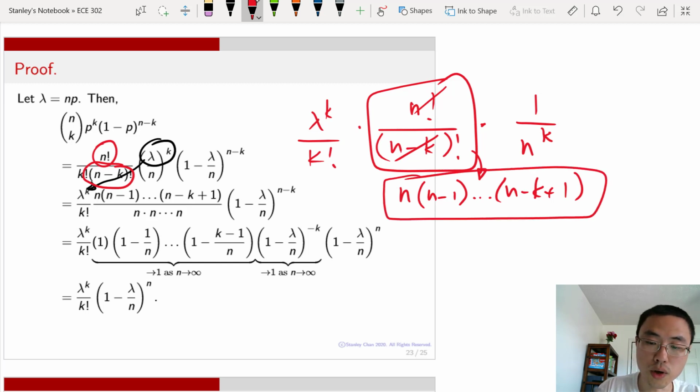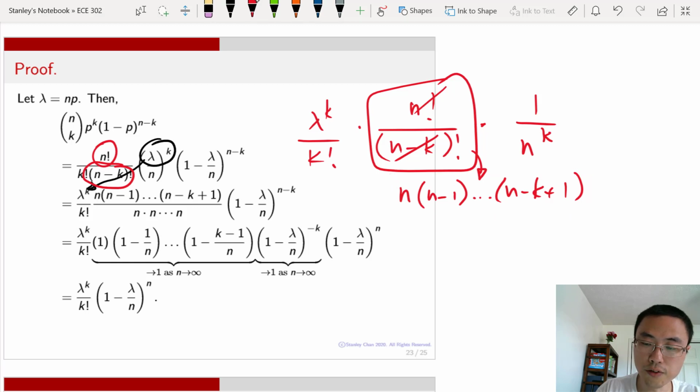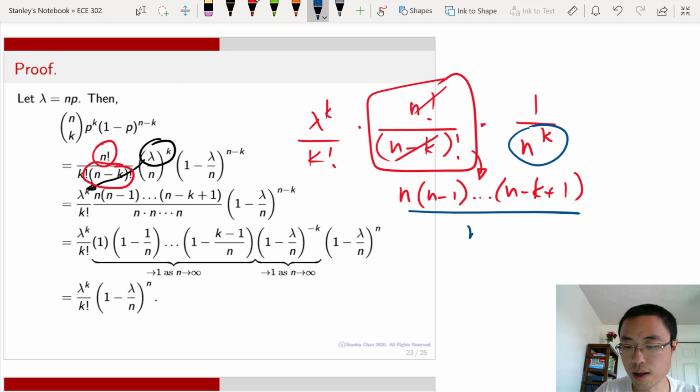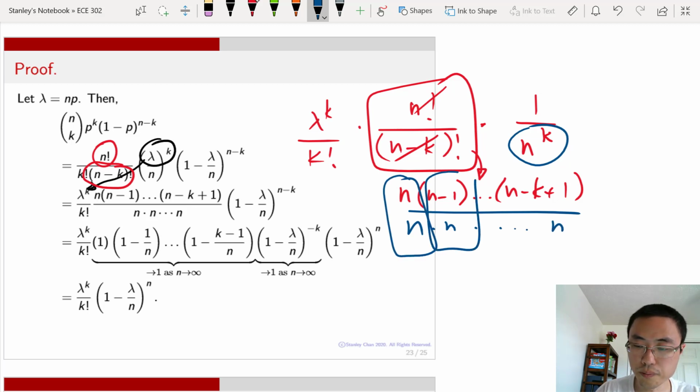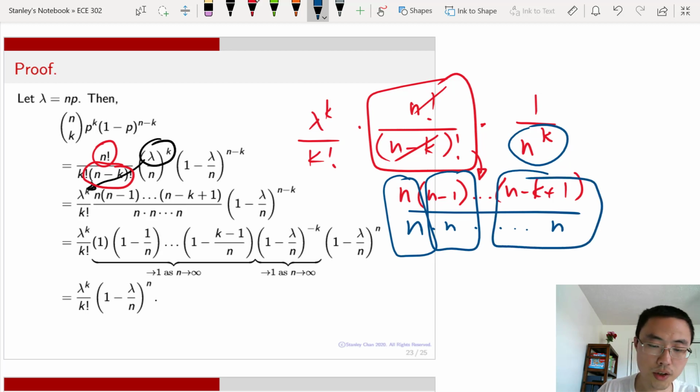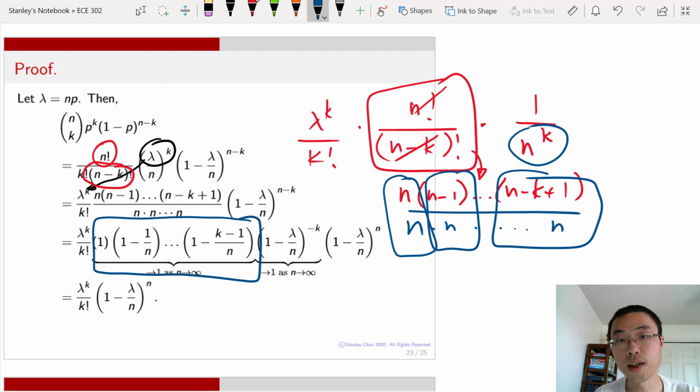And then what? Well, you also have this divided by n to the power k, which essentially is just n times n times n, dot dot dot, times n, and there are k of these terms, and you can group all these together. Okay, and so when you group all these together, you will see that there is a chain of products like this.